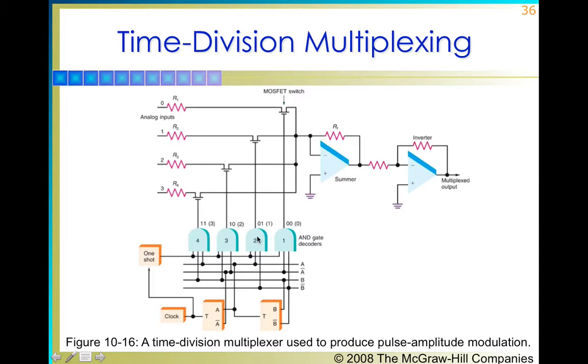These are some AND or NAND gates which are controlling the gate voltages of the MOSFETs, and we have one shot multivibrator which is getting information from the clock cycle, and this one shot multivibrator is basically generating the triangular waves based on the instructions of the clock and the resistors over here.